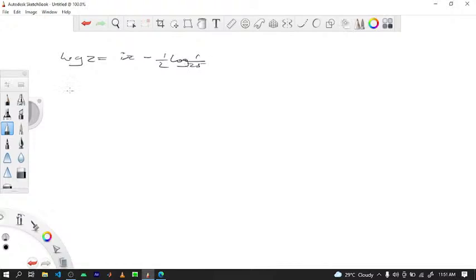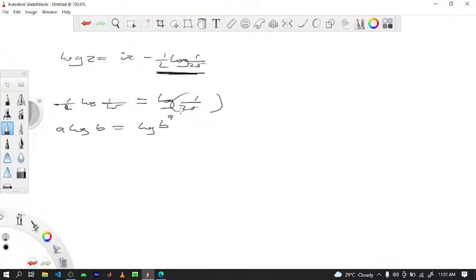One thing we should remember is we can first do a transformation here. So having half log 1/25, or we can even make it negative half log 1/25, right? You know that a log b is the same as log of b to the power a. So this is the same as log of 1/25 all to the power negative half.